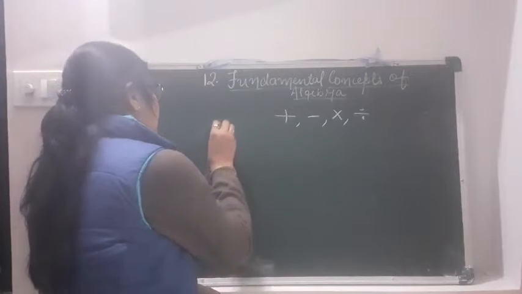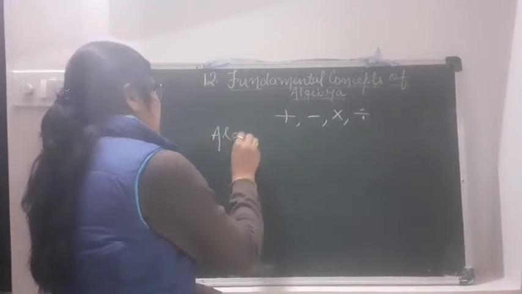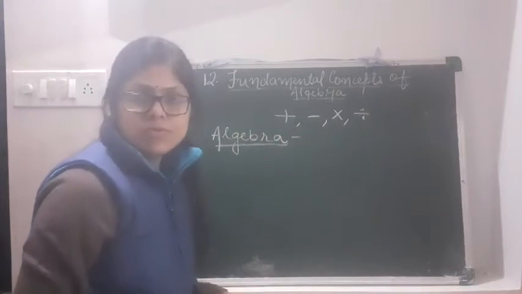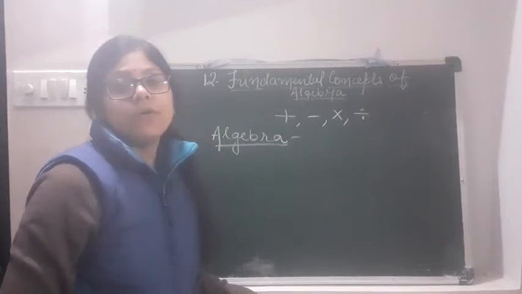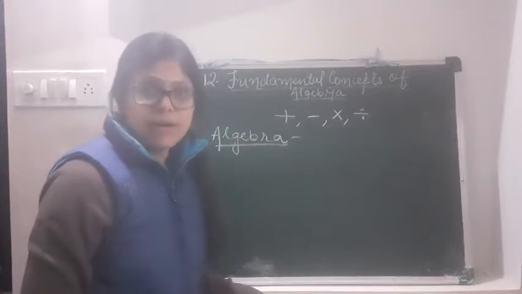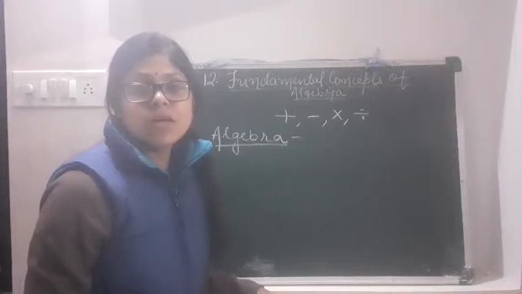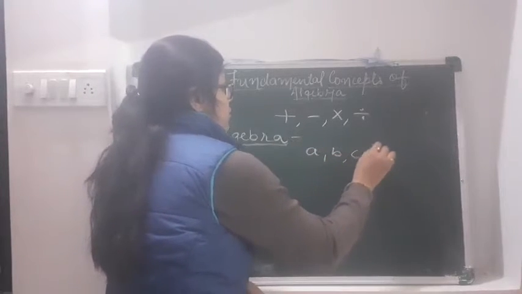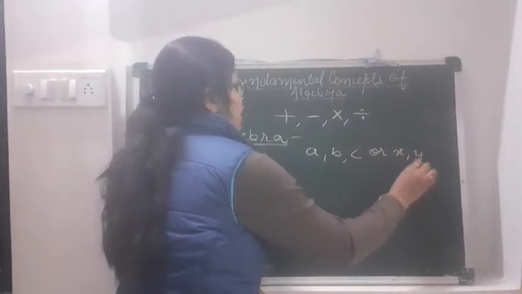Similarly, when we come to algebra, what is algebra? Algebra is also a branch of mathematics, or you can say it is generalized mathematics, in which numbers are written in the form of a, b, c, or x, y, z.